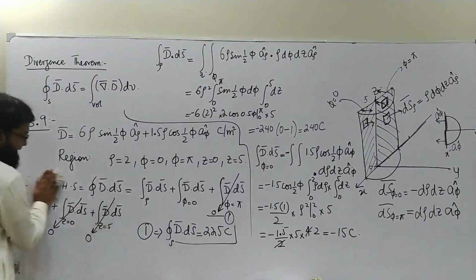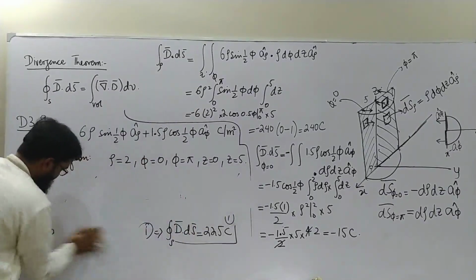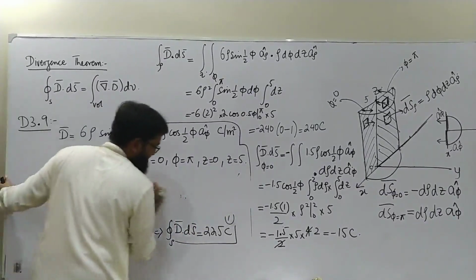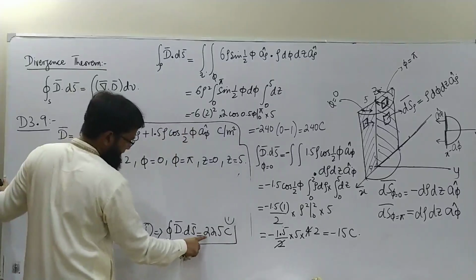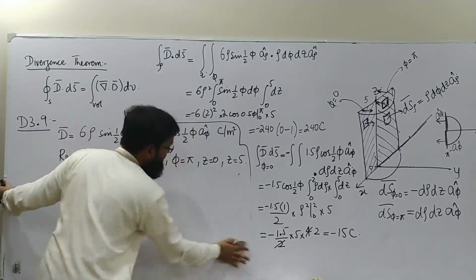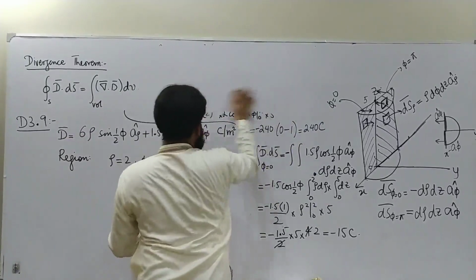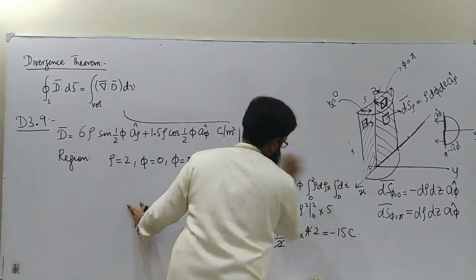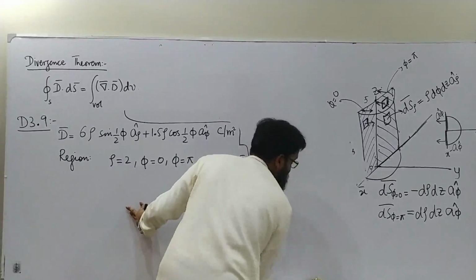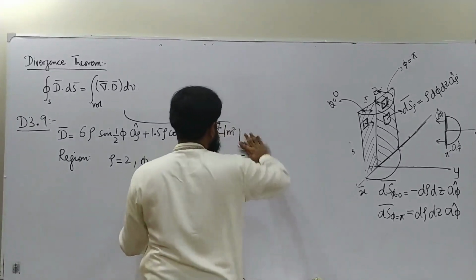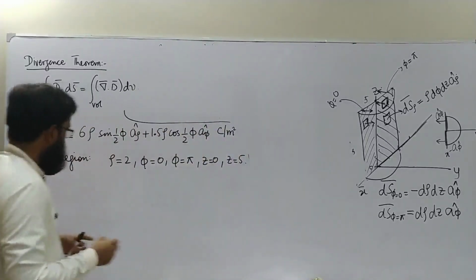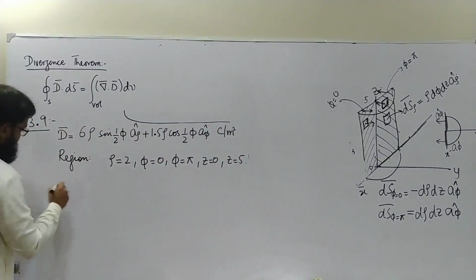So now the right hand side is easier to evaluate. Remember this value 225, so I'm rubbing it. 225 coulombs. Okay.